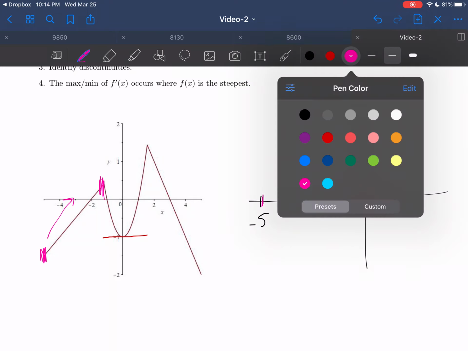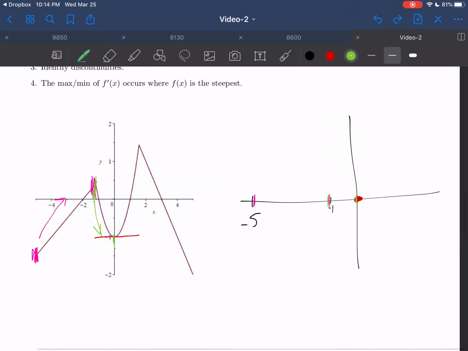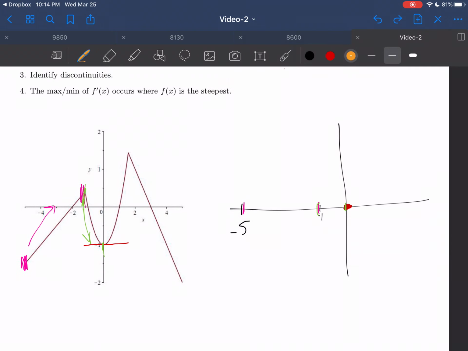We also know that from whatever that point is a little past -1 to 0, our function is decreasing. Okay, so that piece of our slope graph will be below the x-axis. Okay, we can do the same. And that looks to be a little before 2.